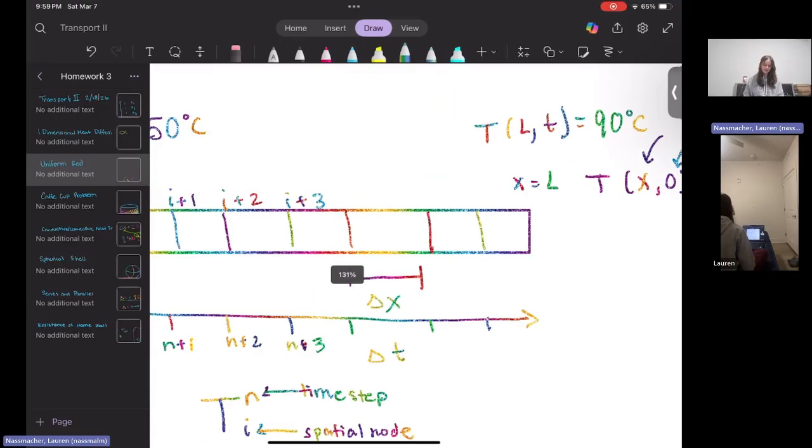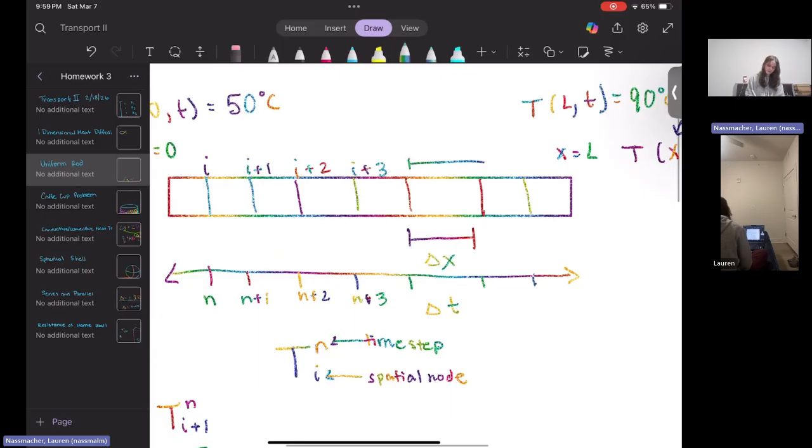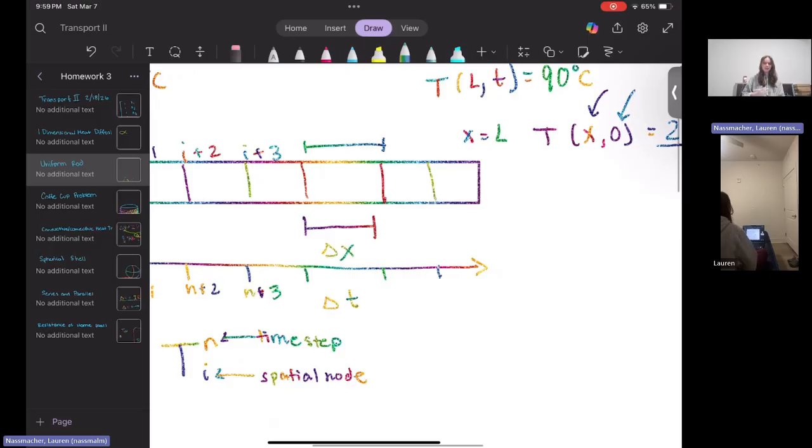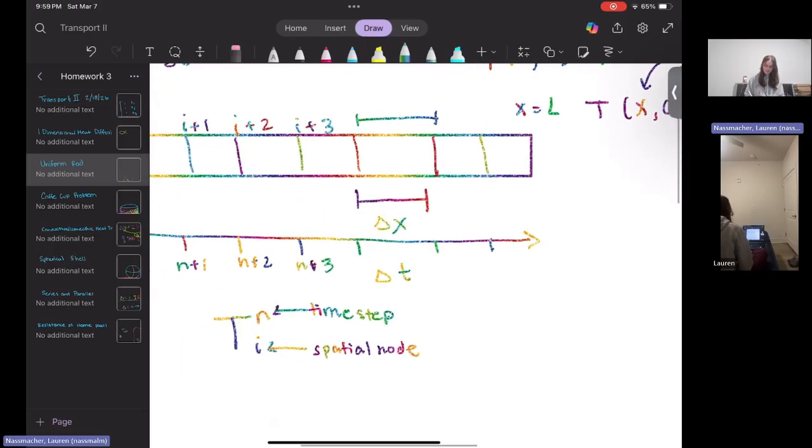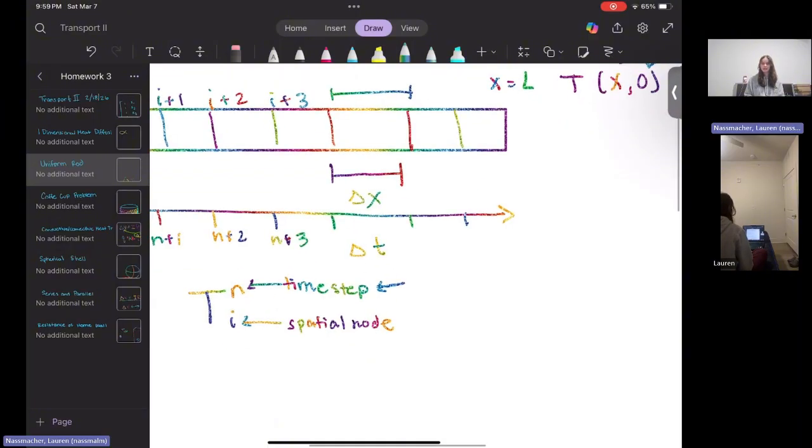The rod is divided into equal spatial segments, poorly drawn by me, my bad. And as time progresses, as our time step increases, our explicit finite difference equation will update the temperature.